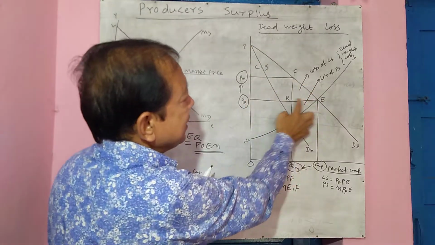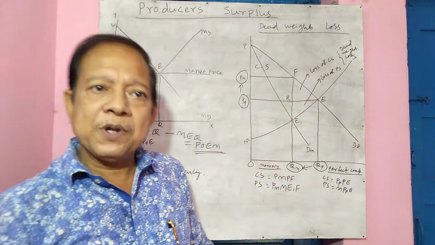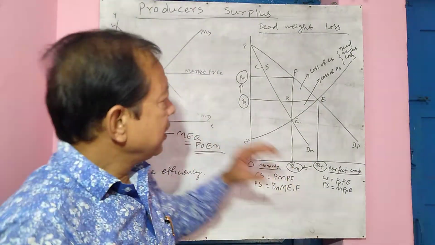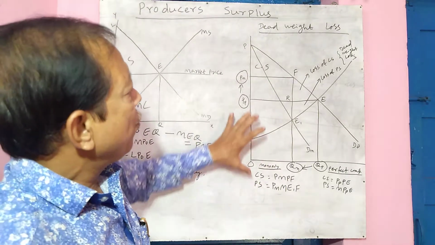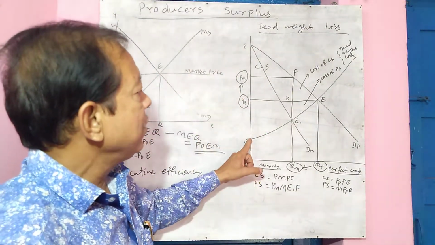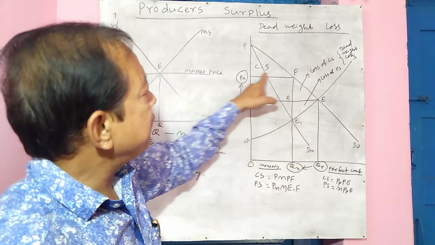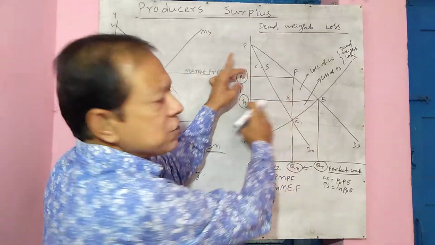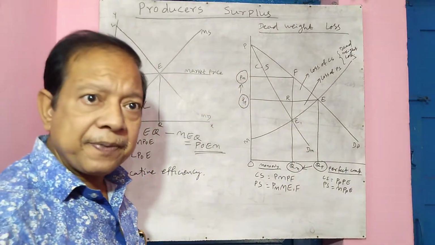Therefore, this is the loss of consumer surplus. Previously, under perfect competition, the producer surplus was much less. But now the producer surplus has increased to M, E1, F, PM, this entire area. So this is the extra producer surplus which the producers get.